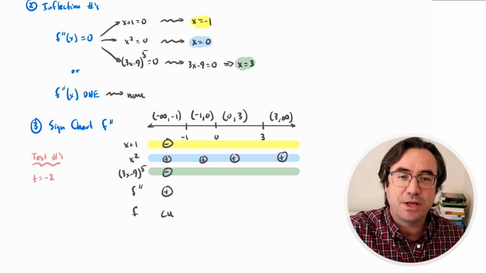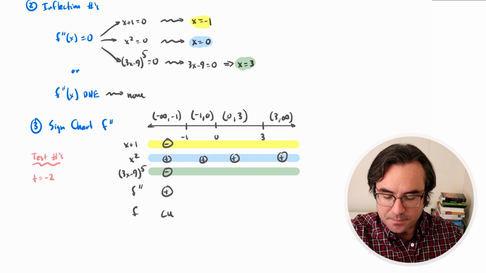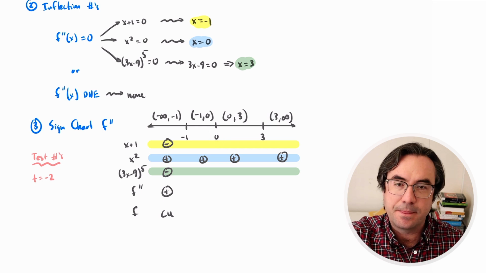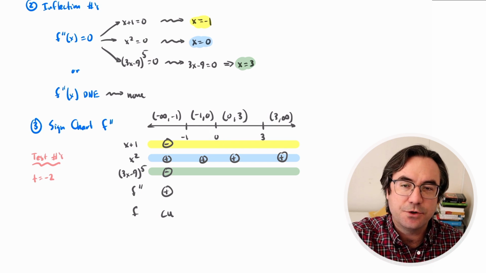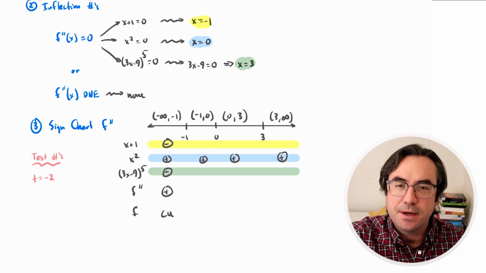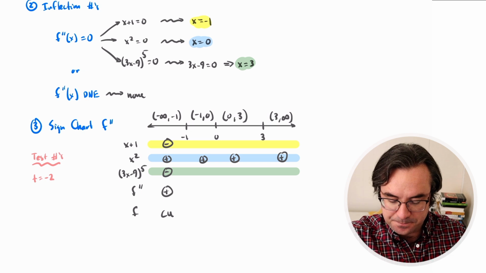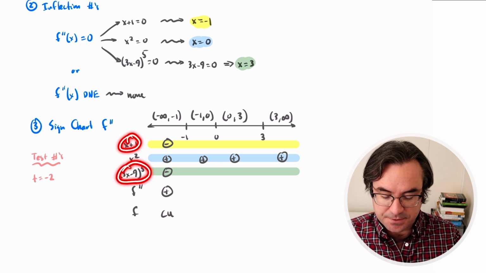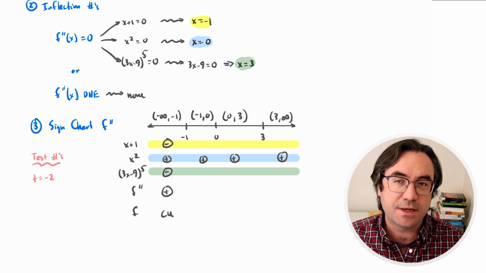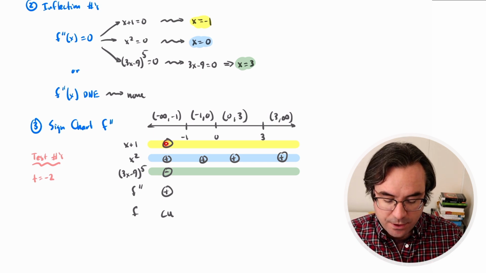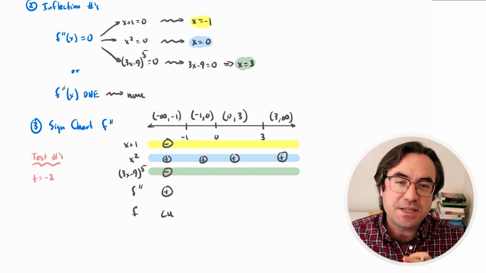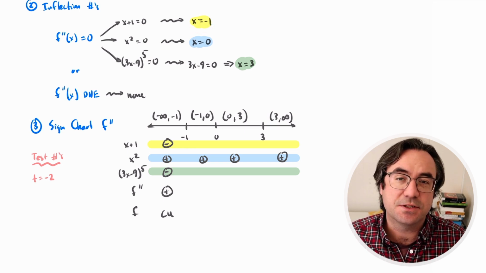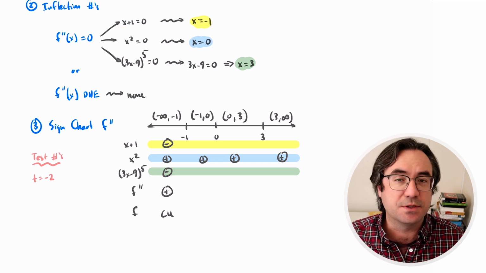All right, so then we just play the game and go to the next interval. For the next interval, we're in between -1 and 0. We could do another test number. But a way to do this a little quicker is for these odd-power terms: once we know how they start off, they're going to stay that way until we reach the x value that we got from its solution when we set the term equal to 0 and solve for x.